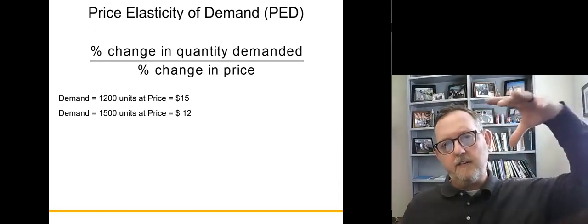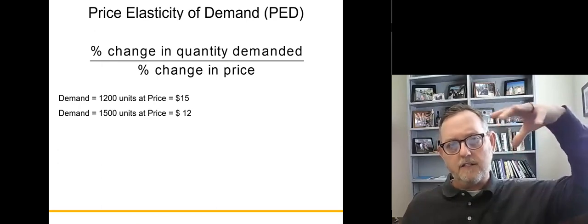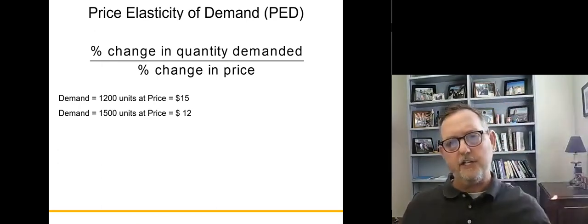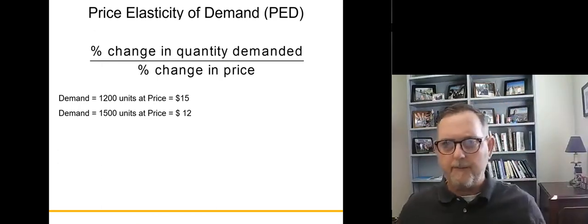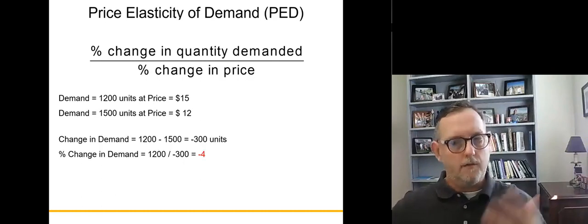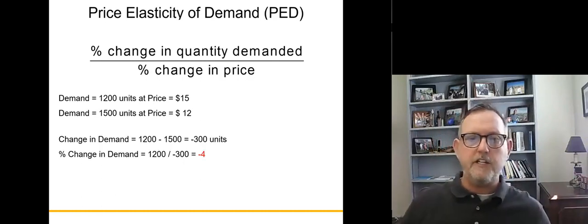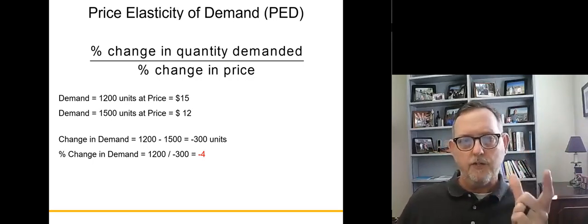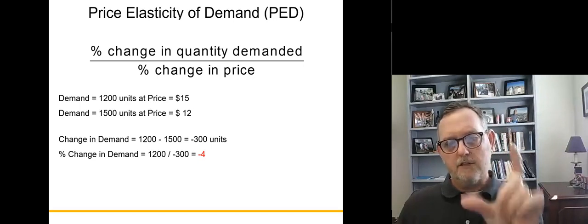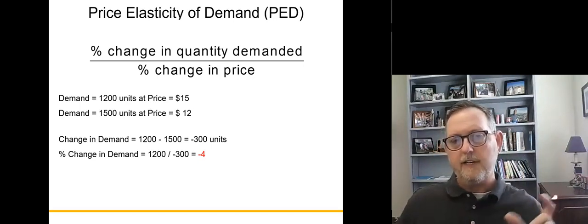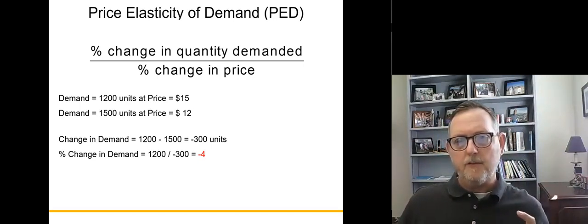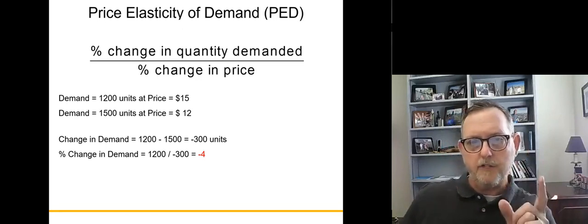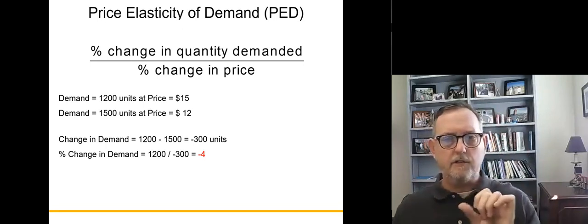So remember, the change in demand is going to be on top divided by the change in price. D comes before P. Okay, so we'll calculate this up. Change in demand. So this is a percent change that we want to look at. So we take the original minus the new.